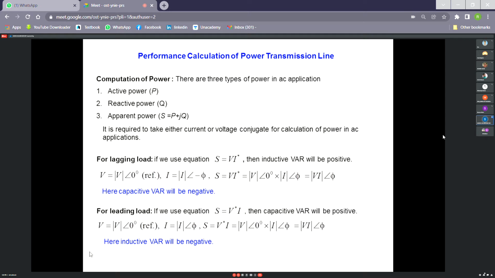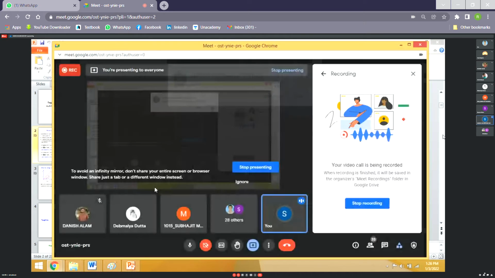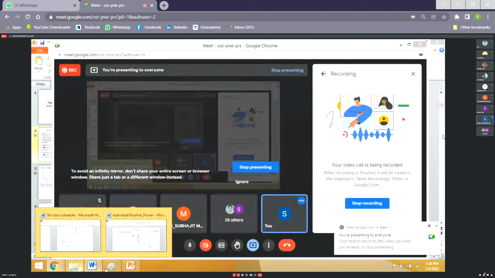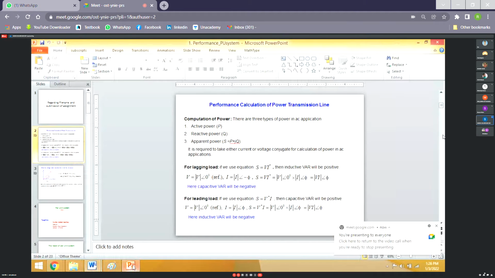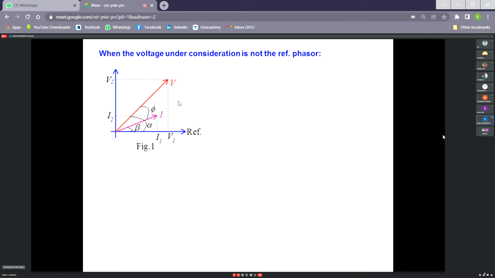Actually, we cannot get rid of conjugate in the case of power calculation. It is mandatory. You have to take that one. Why? Because when we are calculating in a programming mode, neither voltage nor current is the reference.